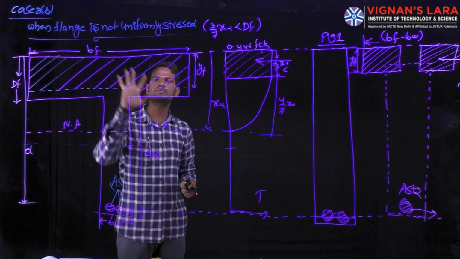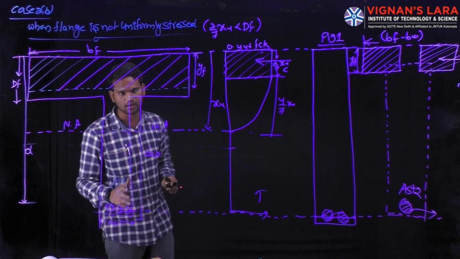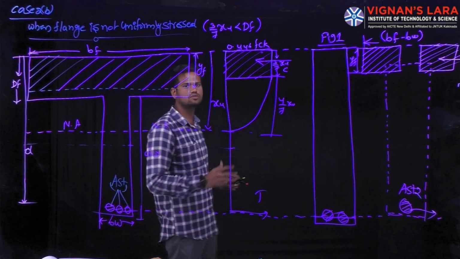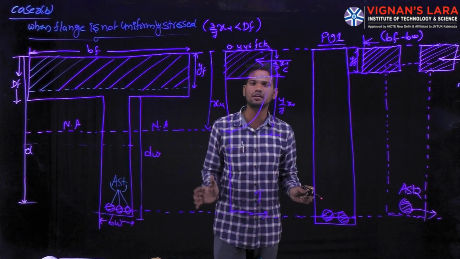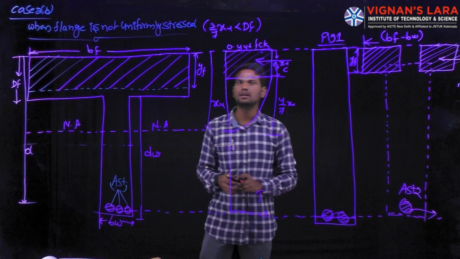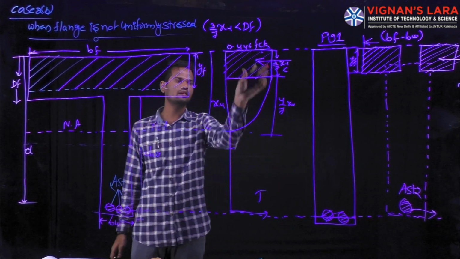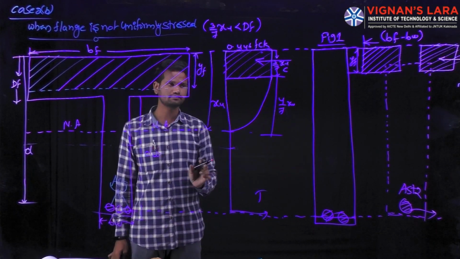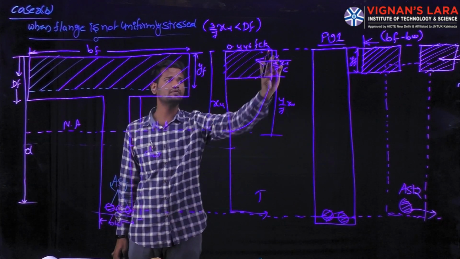For this situation we have to calculate the total compressive force, total tensile force, moment of resistance in compression and moment of resistance in tension. This is our regular stress block, with the total compressive force.